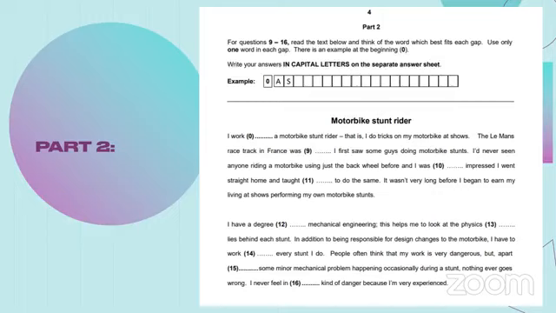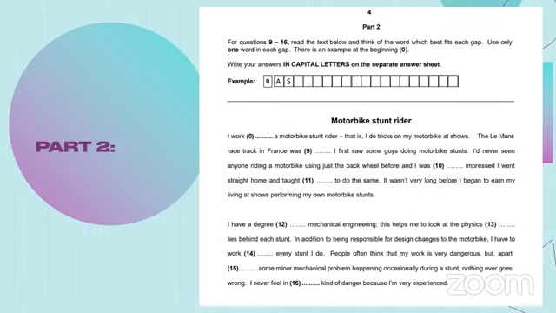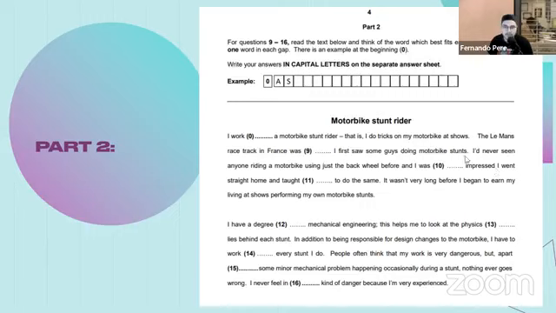I've never seen anyone riding a motorbike using just the back wheel before, and I was very impressed, and that's it. Period. Correct. If you have a period over here, then very impressed is not a problem.